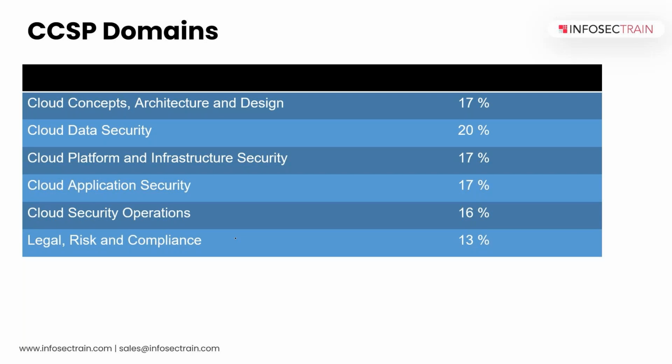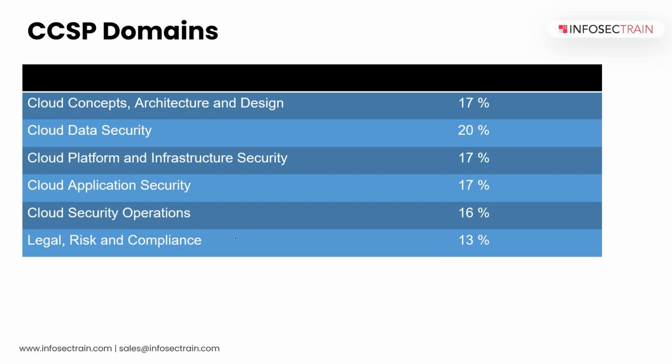Is it infrastructure as a service, platform as a service, or software as a service? Or will you take a public, private, hybrid or community deployment model? Which model is required? All these things we are going to understand through domain one, cloud concepts, architecture and design.